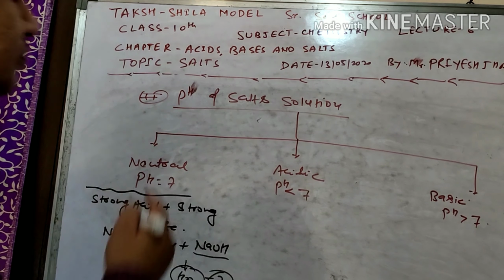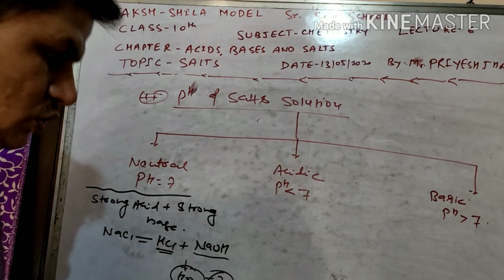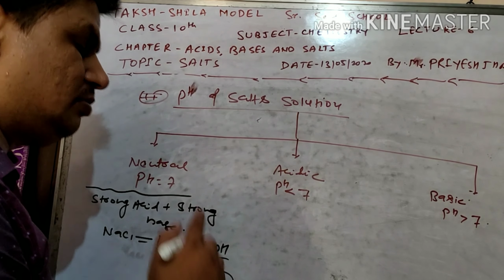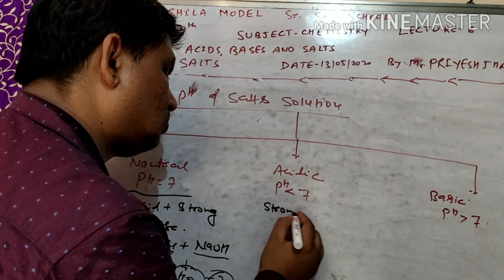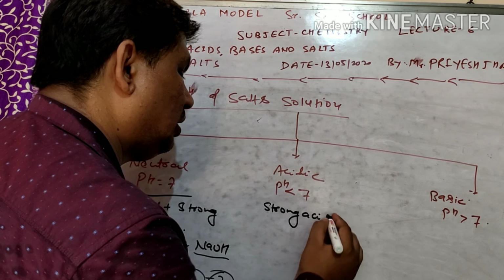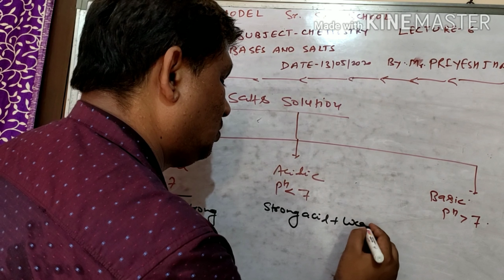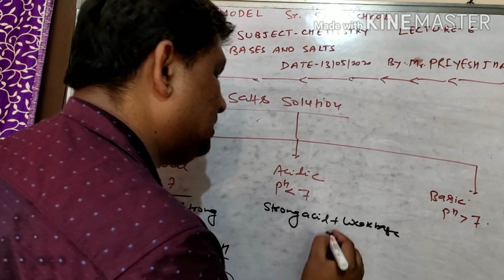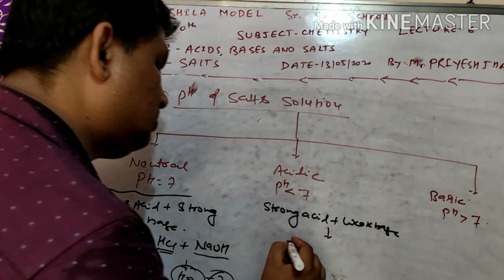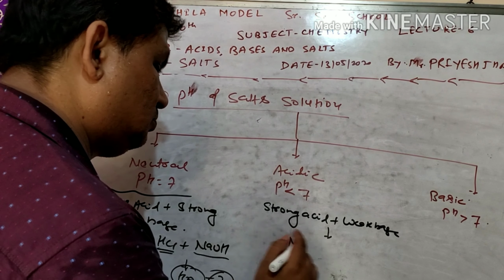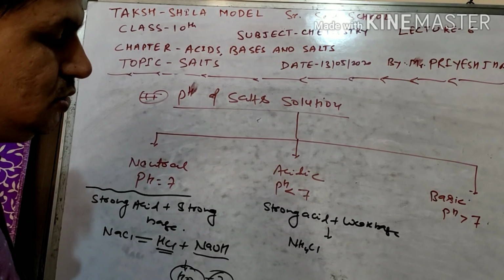Next one is acidic. So acidic salts are formed when a strong acid plus a weak base combine. For example, ammonium chloride.